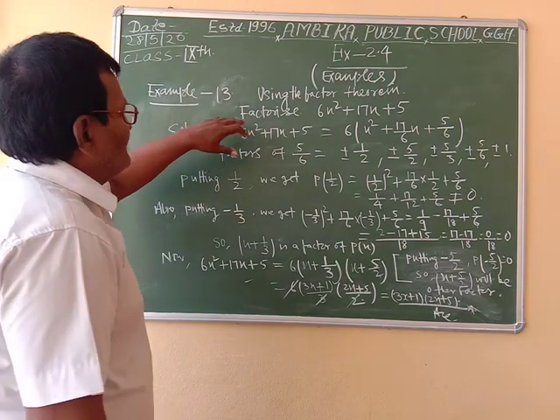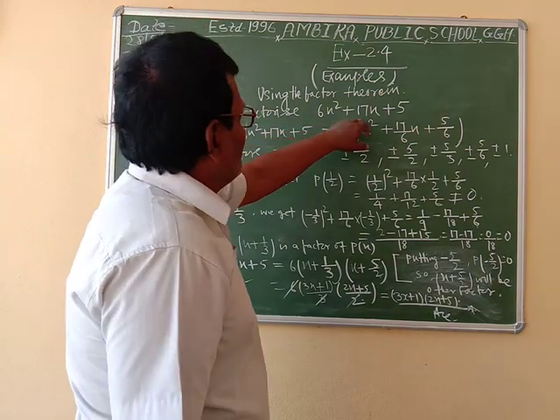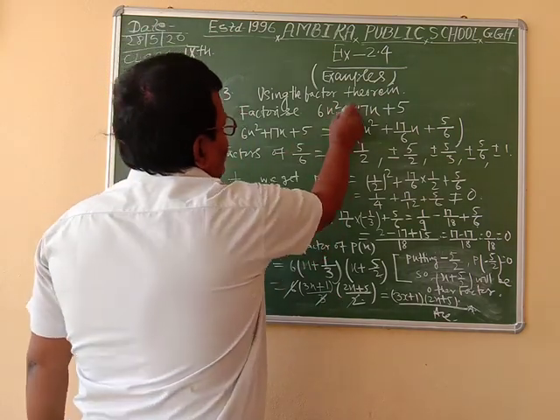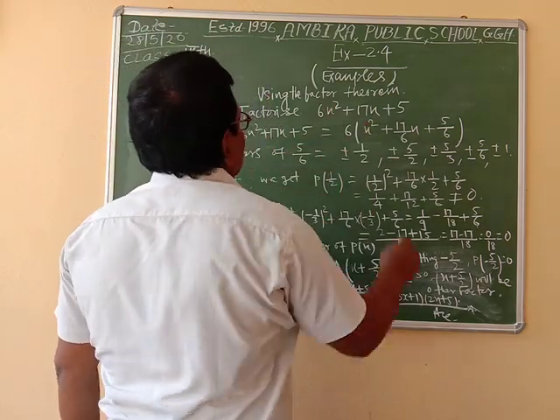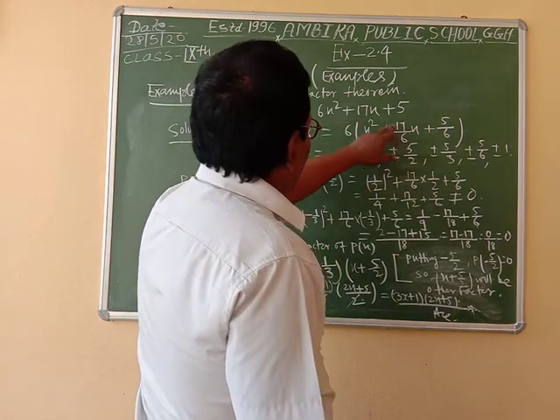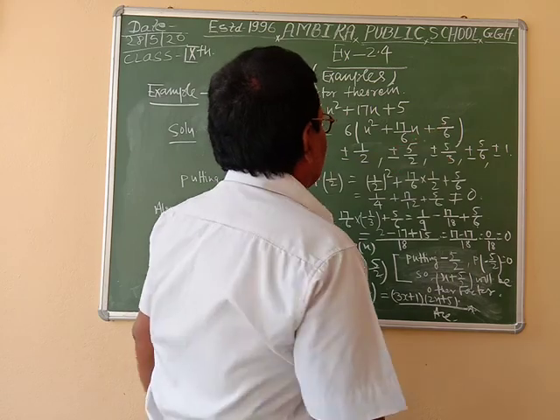Using factor theorem, factorize 6x square plus 17x plus 5. Taking common 6 in the whole, we get x square plus 17x plus 5 by 6.